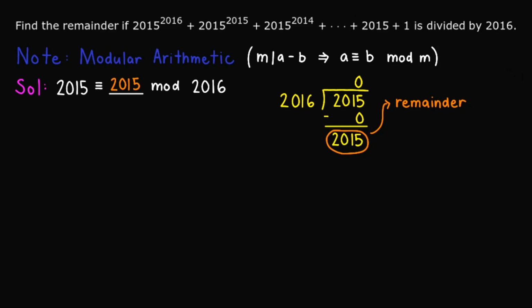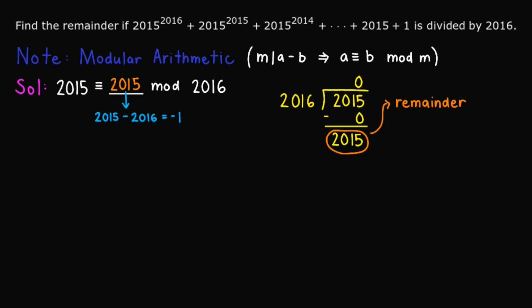And upon obtaining this, we can't really do anything out here since this outcome is not really nice. But take note that we can apply what we learned earlier, and let's try to subtract or add 2016 out here. Observe that if we subtract 2016 out here, so we'll have 2015 minus 2016, this will give us -1.